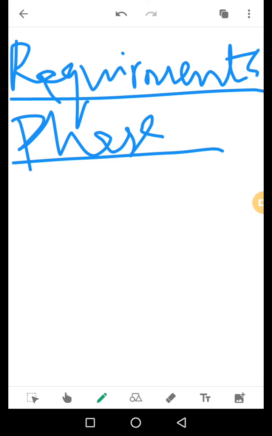So let's have a look at the problems faced in requirement elicitation, that is, in obtaining requirements. The requirement analysts face some problems.